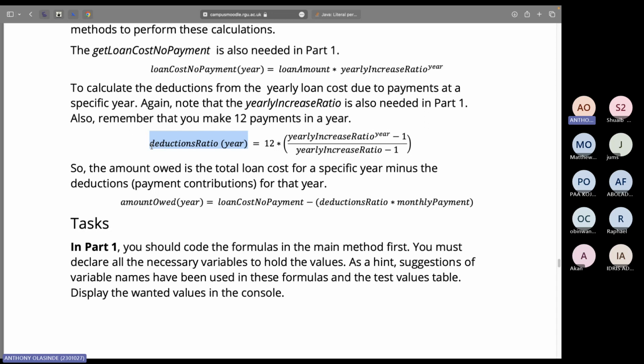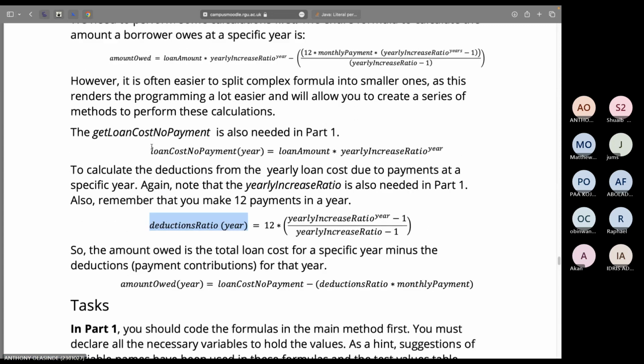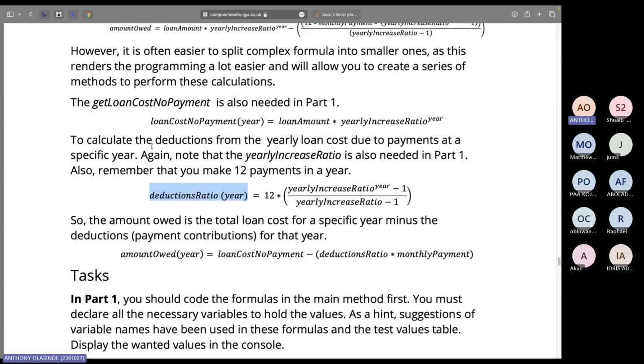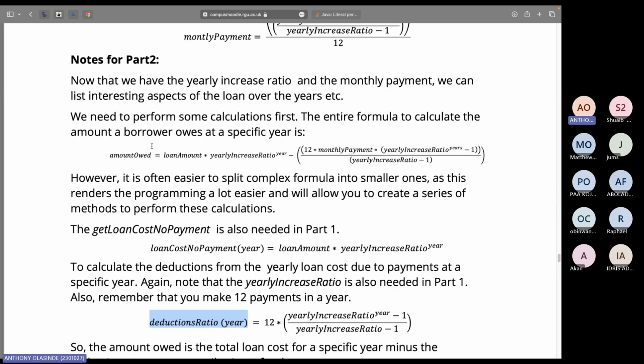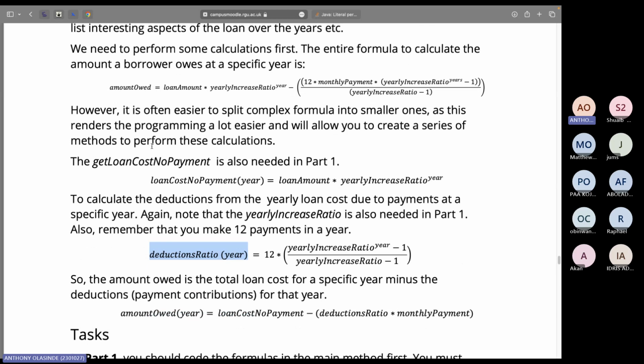Deduction ratio, like what's the deduction ratio in the company for the loan? So where was I? Yeah, I was here.